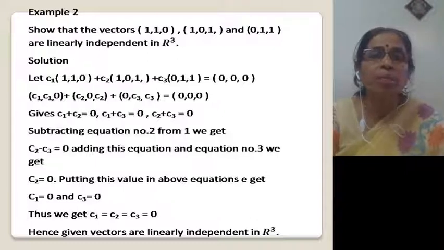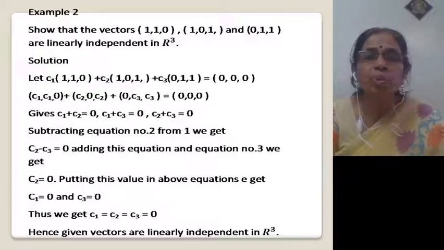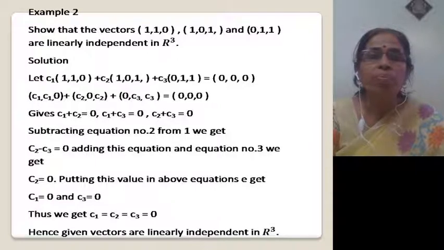By scalar multiplication of vectors, we get (C1, C1, 0) plus (C2, 0, C2) plus (0, C3, C3) equal to (0, 0, 0). By vector addition, we get C1 plus C2 equal to 0, C1 plus C3 equal to 0 and C2 plus C3 equal to 0.